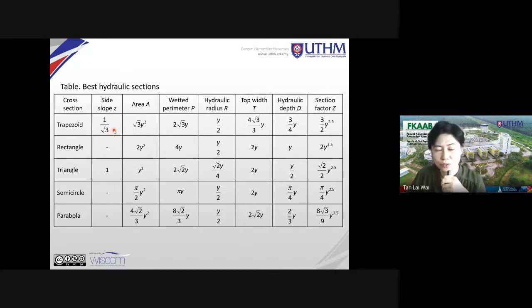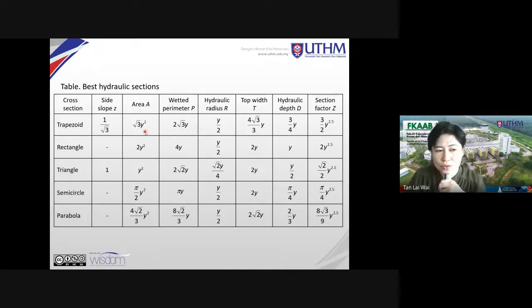Of course, you are going to choose the most effective side slope, which is 1 over square root 3. However, if the question states a certain side slope, that means it's constant. It doesn't matter if it is 1 or 2 or 1 over square root 2.